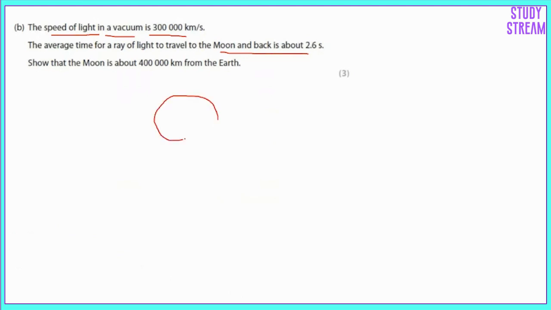Okay, first let's sketch. So let's call this Earth, and then the moon is here around Earth, moon, and then show that the moon distance is, okay, so this distance according to the description is 400,000 kilometers.